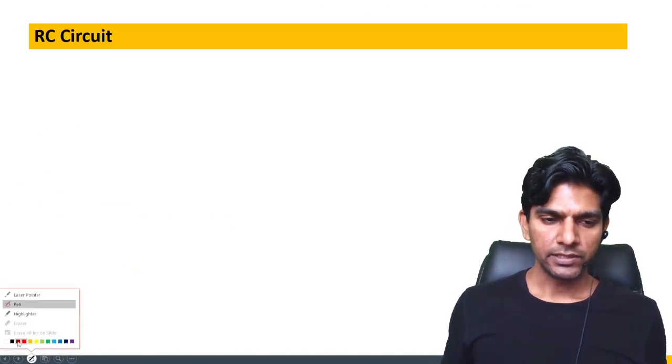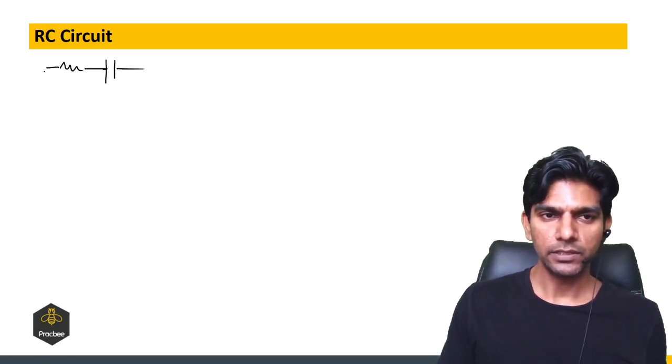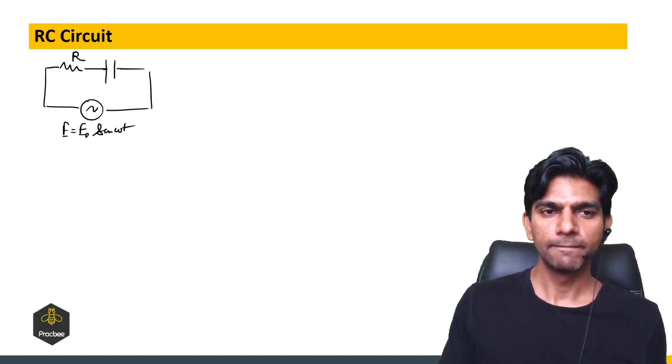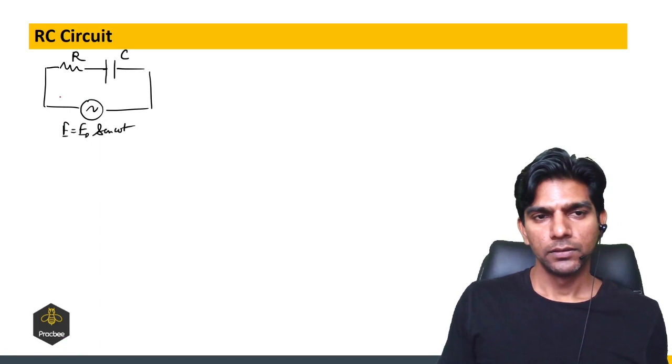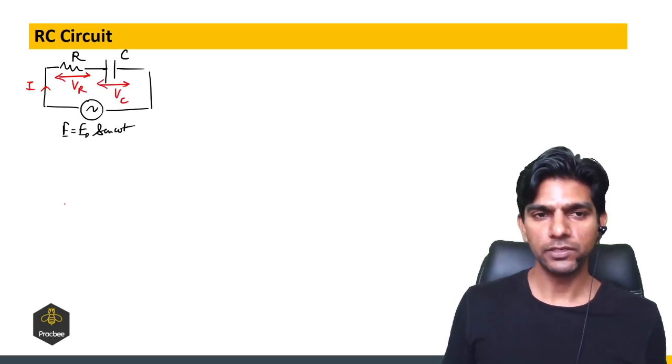Now let us see what an RC circuit is. So when we have a resistor and a capacitor connected in series and we have connected them with an AC source, which is E equals E naught sine omega t, and this is R and this is C. Let us say I is the instantaneous current. So if I draw the phasor diagram, and let us say this is the instantaneous voltage across the resistor and this is the instantaneous voltage across the capacitor.